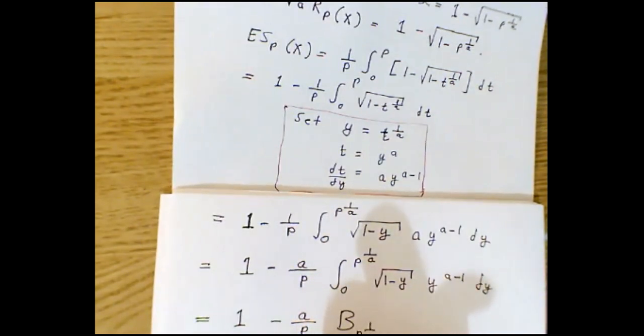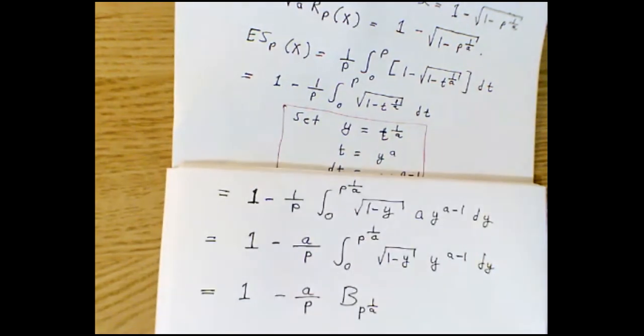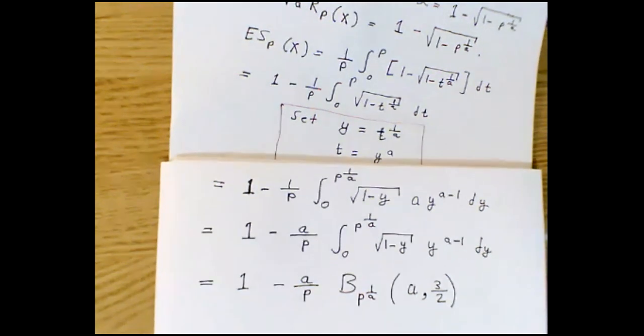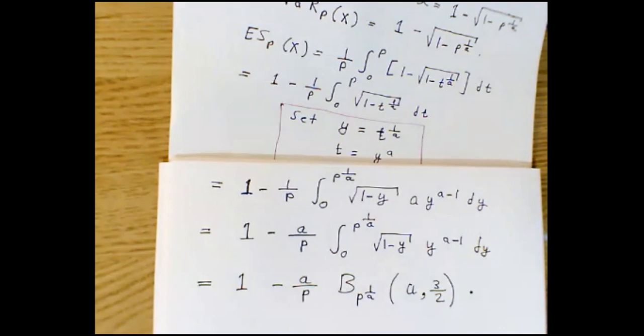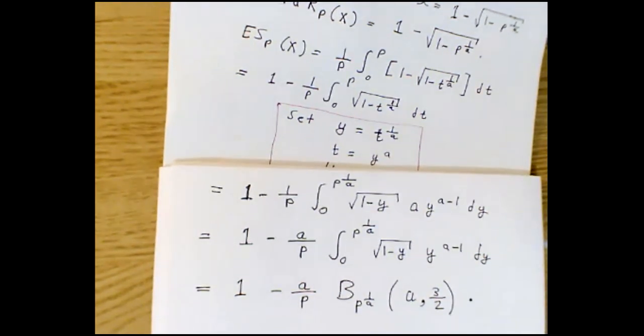Your alpha will be a, and your beta will be 3/2. All right, so this is the expression for the expected shortfall, for example 4.